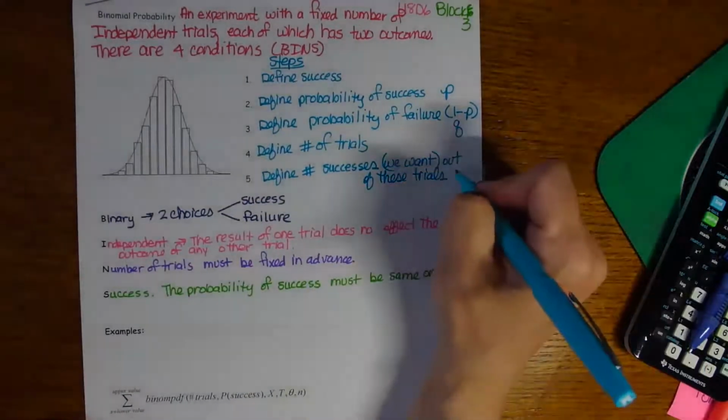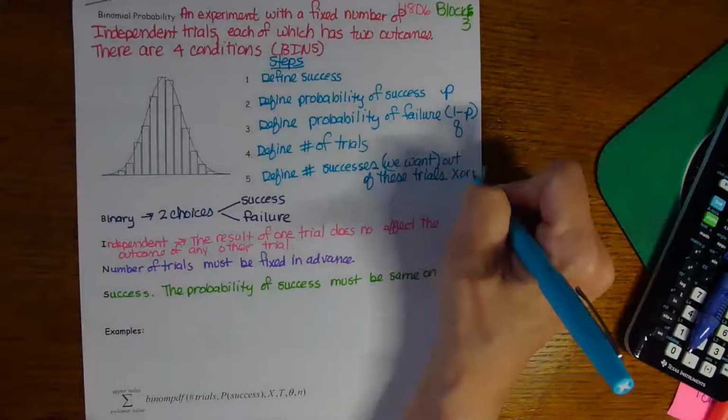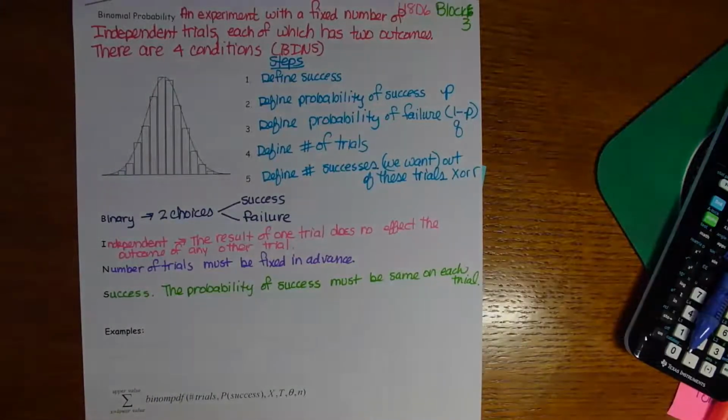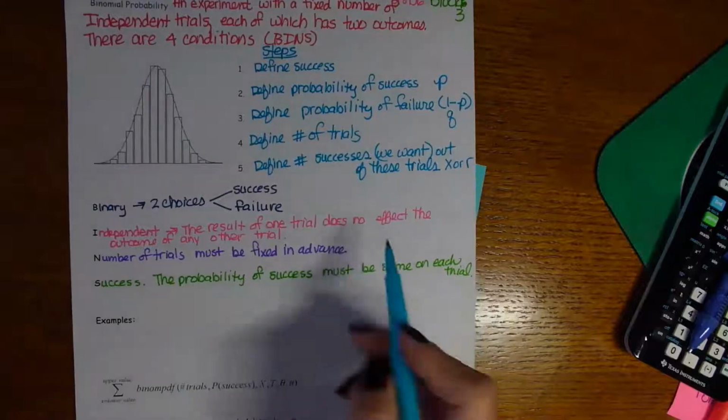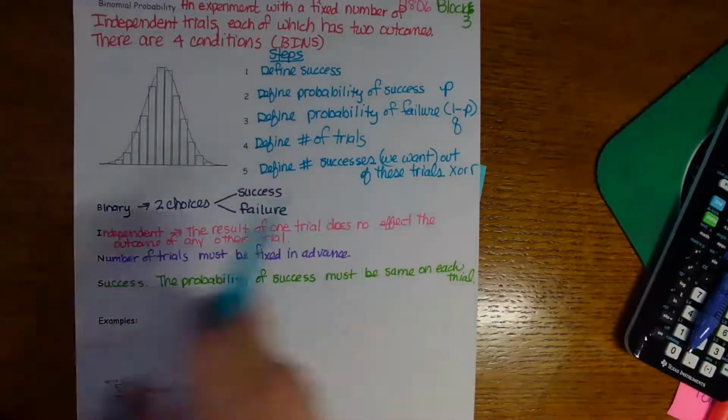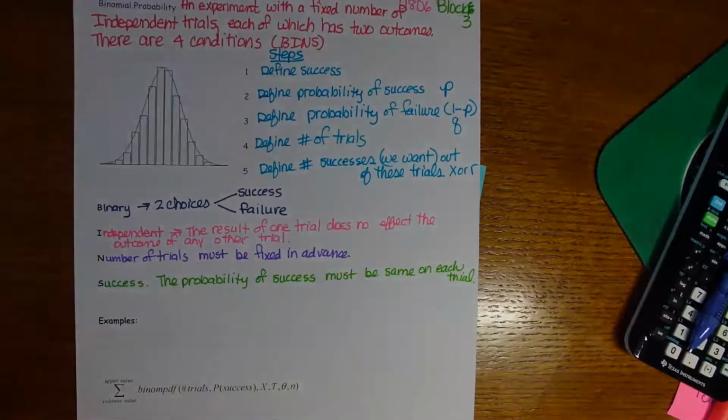And we call that X or R, depending on your calculator. In other words, I say, what's the probability that I win 4 times? Okay, so how many are we looking for? What's the probability that you can roll a 5 on the die 21 times out of 34 tosses?